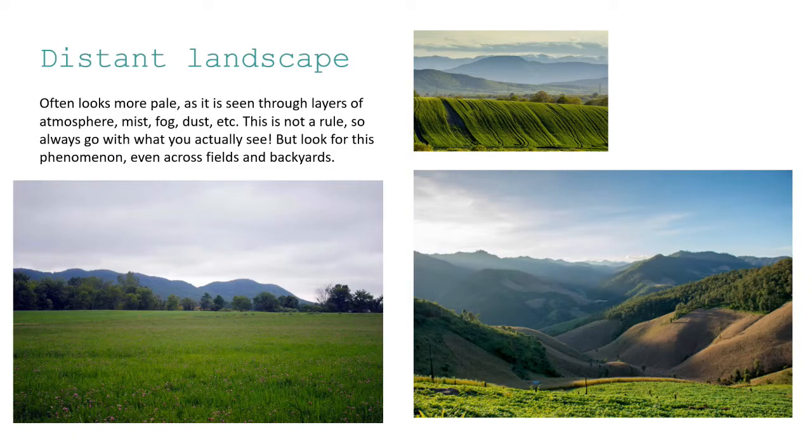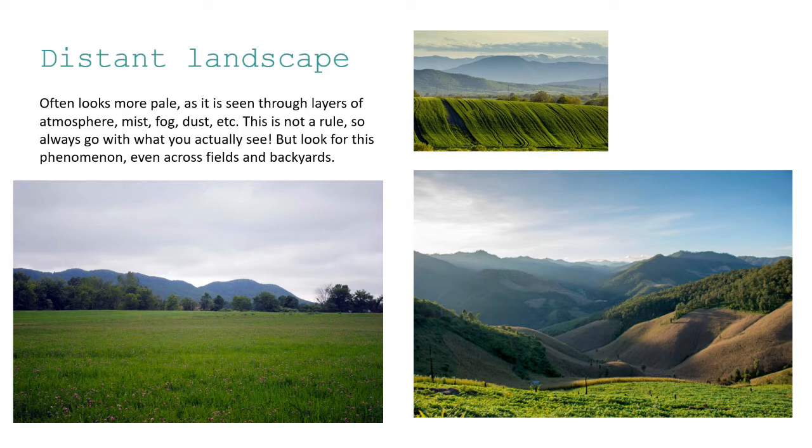All right, so another recap about landscape. One thing I didn't really point out a lot as we were talking last week was how distant landscape is actually usually, unless it's a very clear day, you're seeing it through layers of atmosphere, and that could be dust or mist or clouds or just distance.